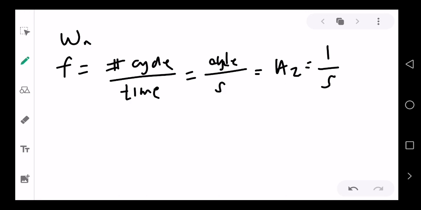In relation with this, we have the period T, which is the time it takes under number of cycles.